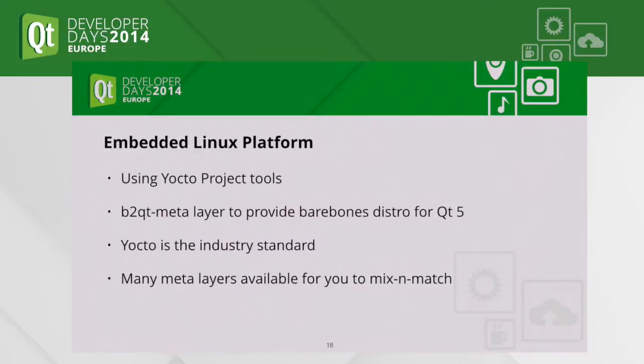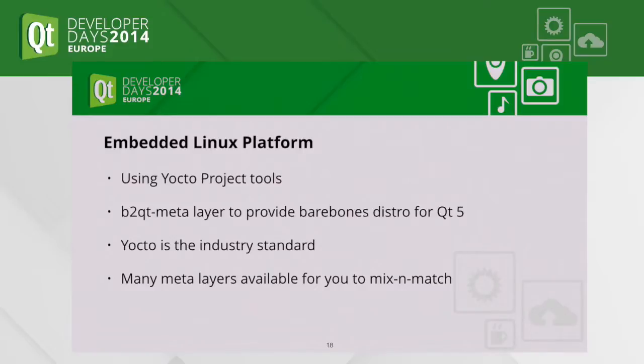As we go into a little more detail about each of these platforms, for the embedded Linux platform we're using the Yocto project tooling to generate this base layer. We provide a Boot to Qt meta layer. If you're not familiar with the Boot to Qt terminology, our stacks are called the Boot to Qt software stack.